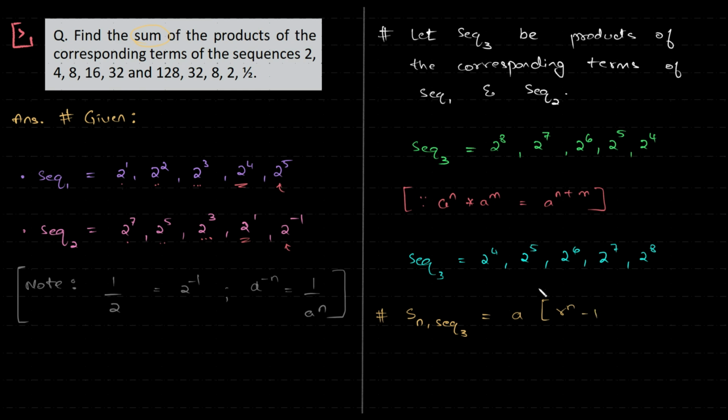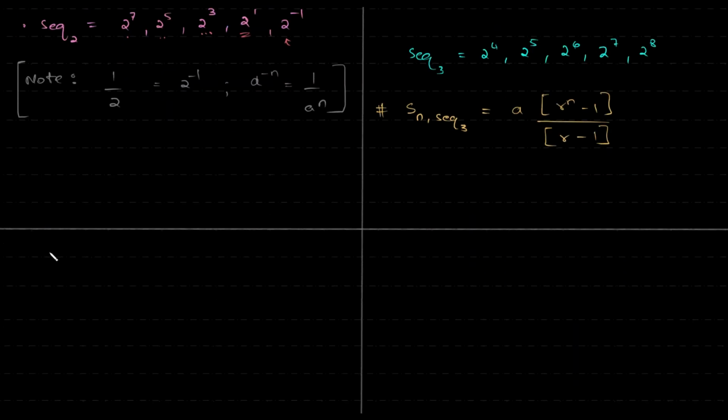We use the formula with r to the power of n, because clearly r is positive and more than 1. So in this case the first term is 2 to the power of 4. The common ratio is 2 to the power of 5 by 2 to the power of 4, which is 2.